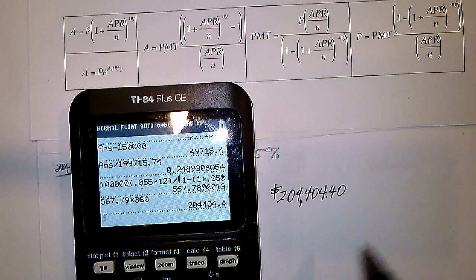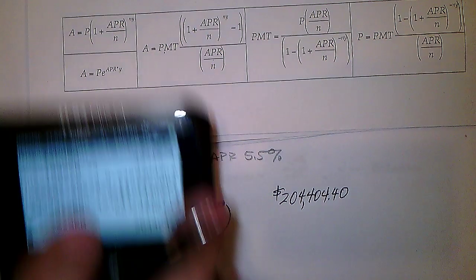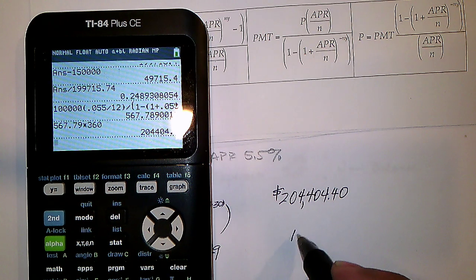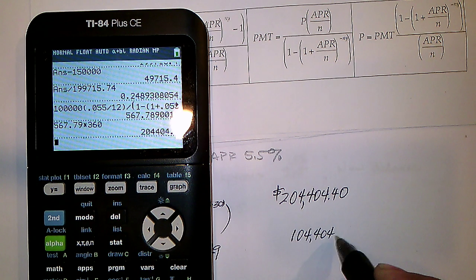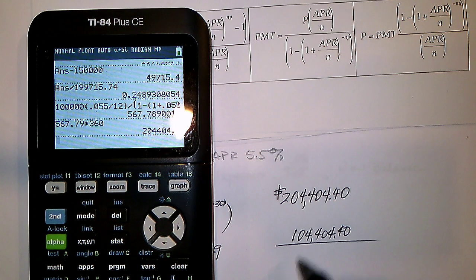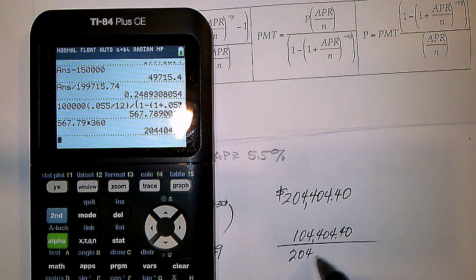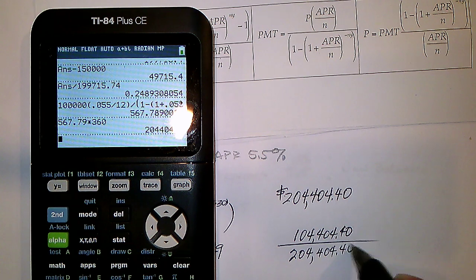So what's our ratio now? If we subtract 100,000 from 204,000, we get $104,404.40 divided by the total amount, 204,404.40.